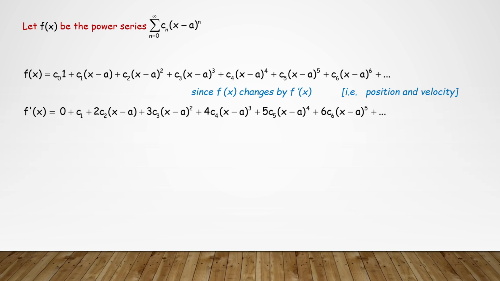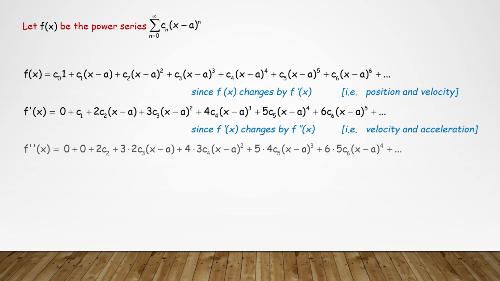But now what we're going to do is realize that f prime, like velocity, would be affected by f double prime of x, which would be like acceleration. So if we take the second derivative of f of x, or the derivative of f prime, we would now find that our 0 still becomes a 0, but c sub 1, the constant, now becomes a 0.